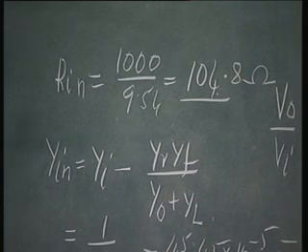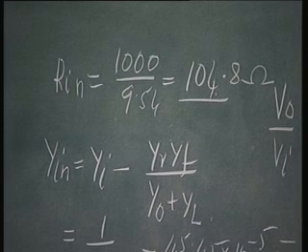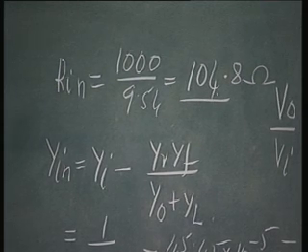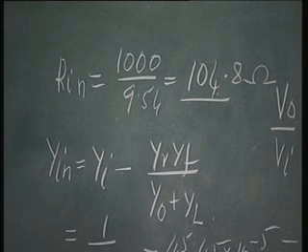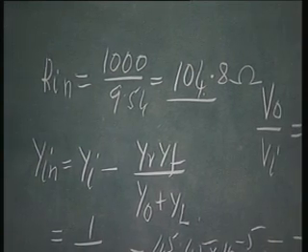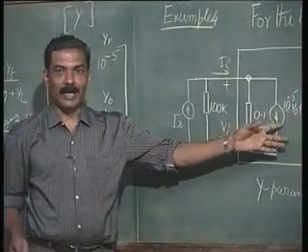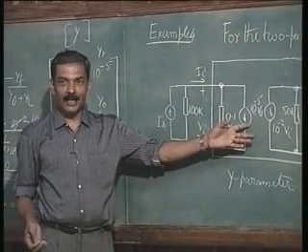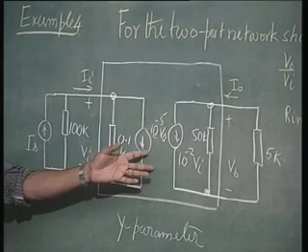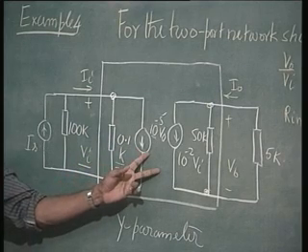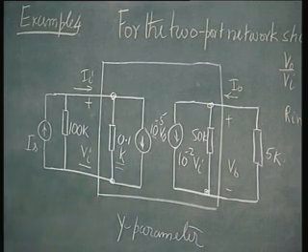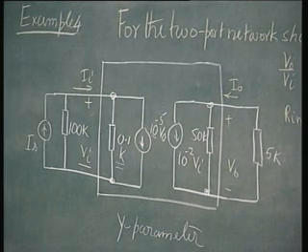Compare this with what we had earlier. It was 100 ohms. Now it has become more than 100 ohms. Why did that happen? That means the effect of the feedback is such that it is now simulating a negative resistance here, such that the combination of this 100 ohms and what is simulated here is more than 100 ohms. If it were a positive resistance that it had simulated, it would have become less than 100 ohms.